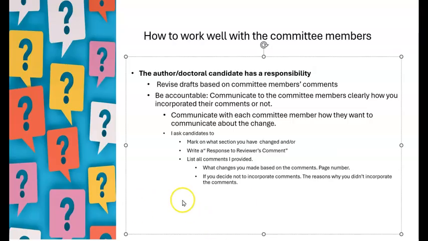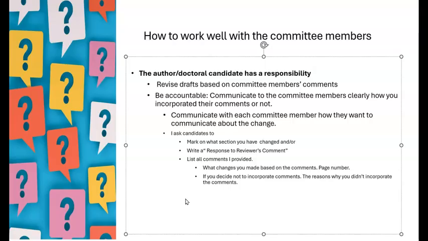You will list all the comments that I have provided, and then write down what changes you made based on each comment, and also the page number, so I can confirm that change.